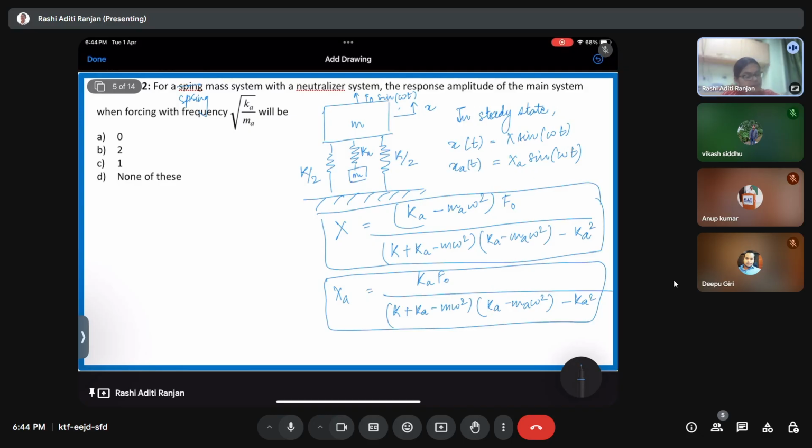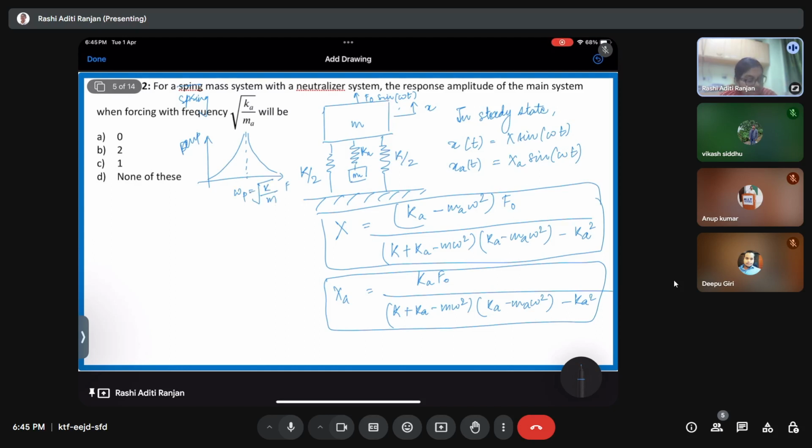What have we done with the system? Earlier, if I talk about the amplitude frequency response of my system, it was something like this. This was omega p, which is under root k by m. Earlier, when I don't consider the neutralizer.